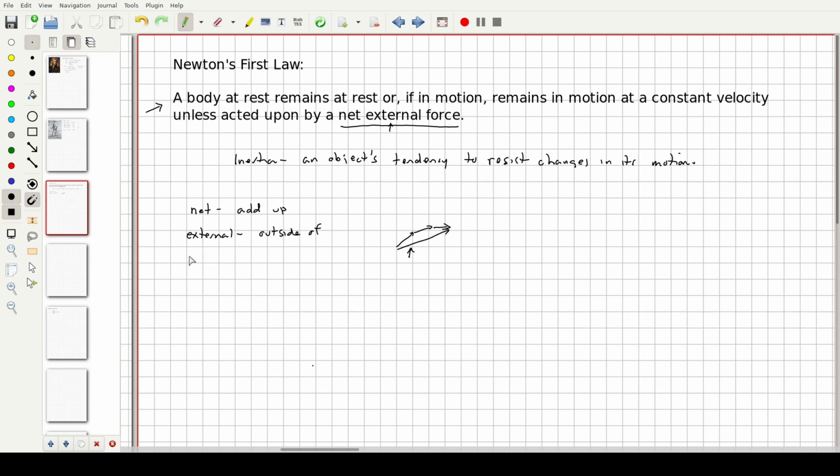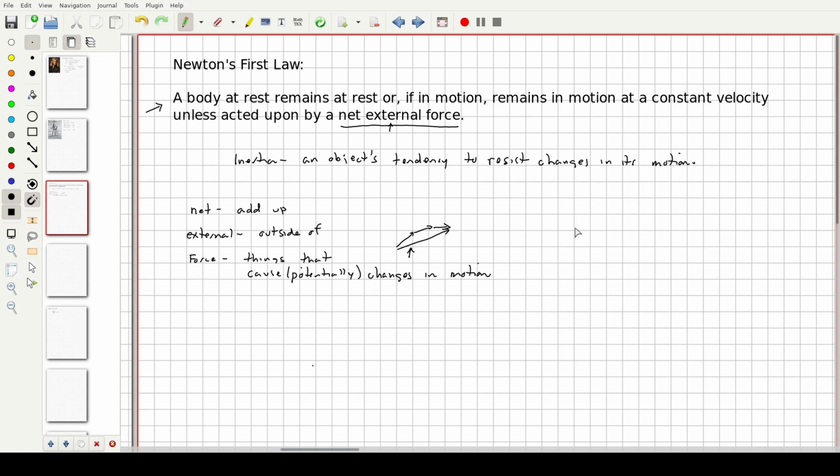Now, so it's a force. Well, forces are things that cause changes in motion. I'm going to put here in parentheses, potentially, changes in motion. Now, the reason why I say potentially is that forces have magnitudes and they have directions. They're vectors.